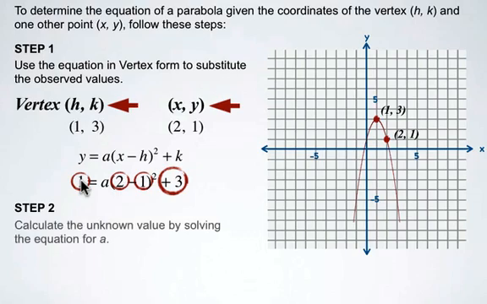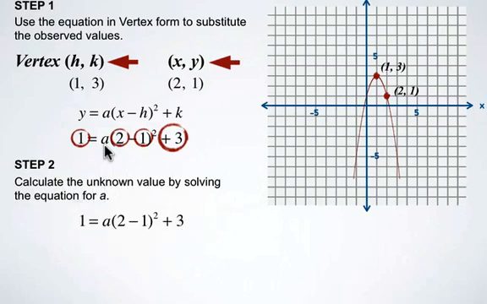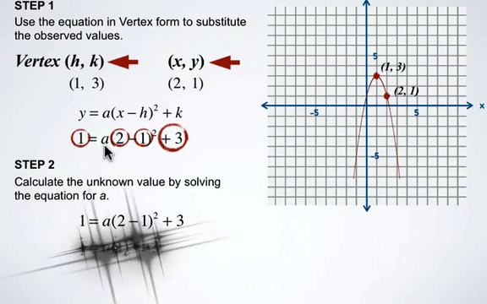Our second step is to calculate the unknown value by solving the equation for a. We need to find out a, and so we're using these values for the vertex and for this other point to help us isolate and identify the value of a. So 1 equals a times 2 minus 1 squared plus 3.